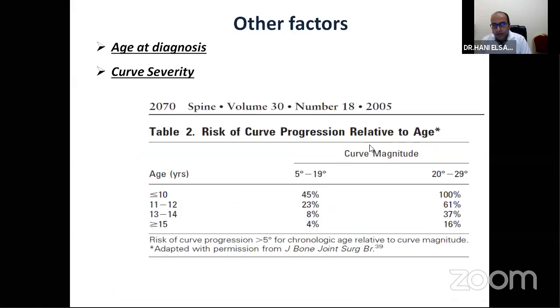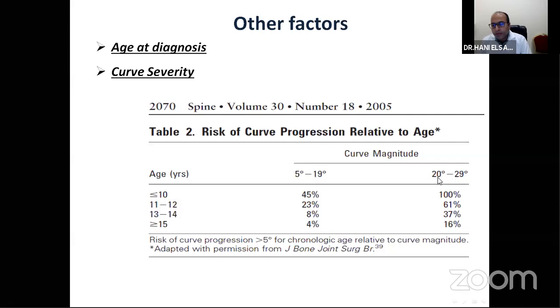Other factors, the age at diagnosis and curve severity, are shown in this table. For curves between 5 and 9 degrees before the age of 10 years, the risk of progression is 45%. This decreases to less than 4% when the girl passes 15 years.